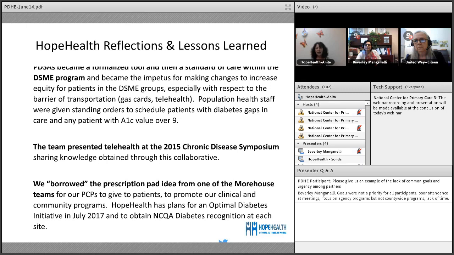And then in collaboration with our other team members, we borrowed, I'm saying borrowed, not stolen, the idea to come up with the prescription pad. I don't know if you can see that, but it seems like a little thing, but we're really excited about it.